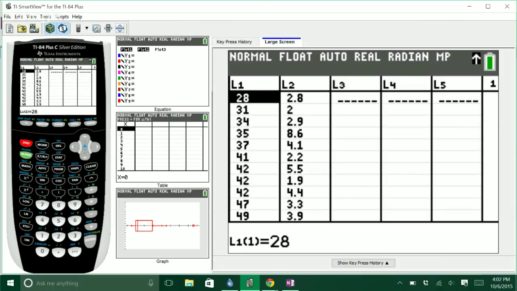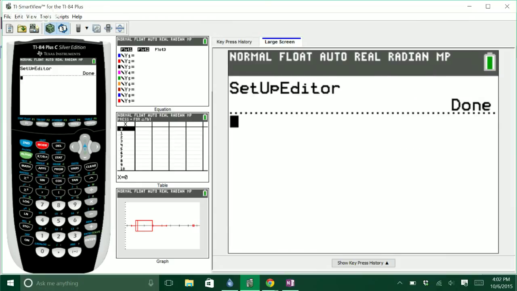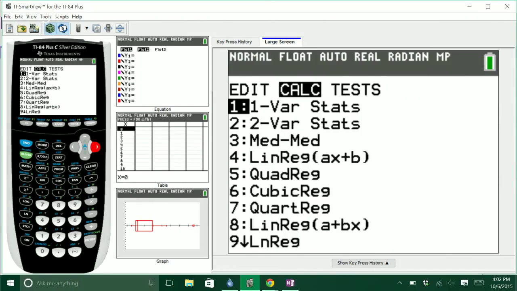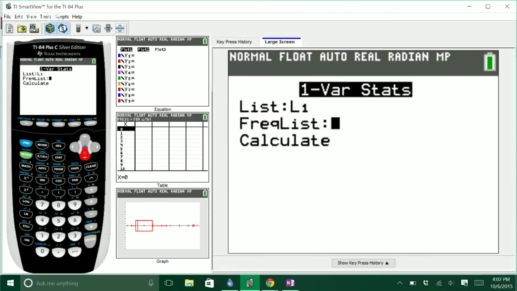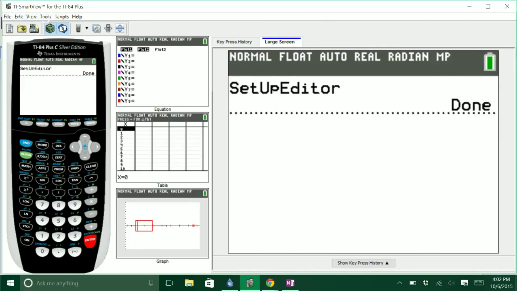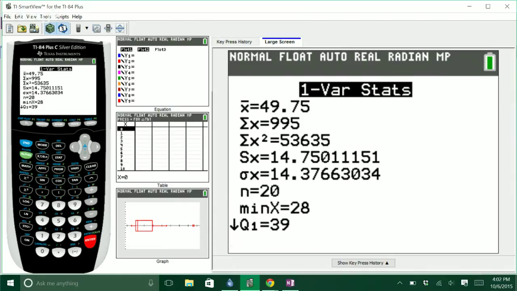Okay, and from here, since we have all the data in there, you're going to go ahead and use Stat, Calc, 1-Var Stats. My data is in list 1. Keep the frequency list clean and push Calculate. And that should tell us everything we need to know.